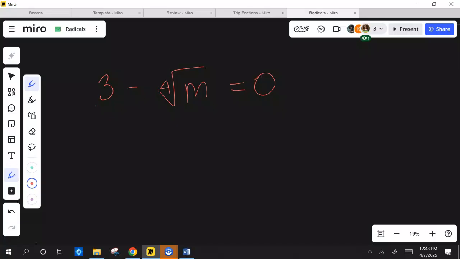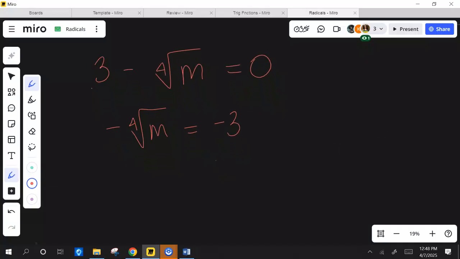You can subtract the 3 from both sides. That works, and you get negative 4th root of m equals negative 3. And then divide by negative 1 because I want the radical completely isolated. And I get the 4th root of m equals 3.